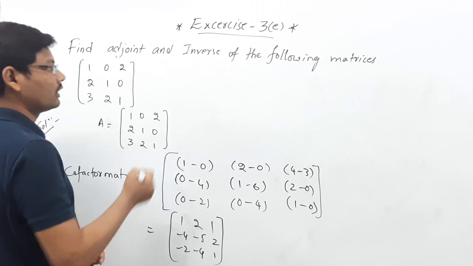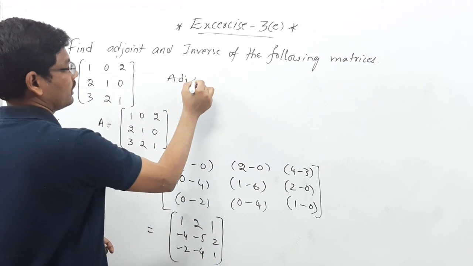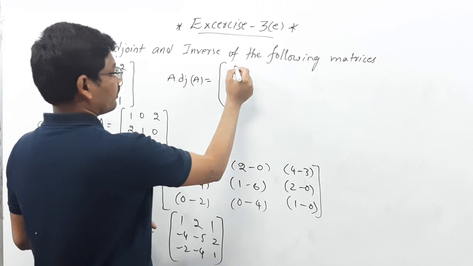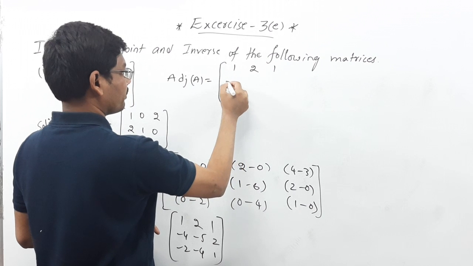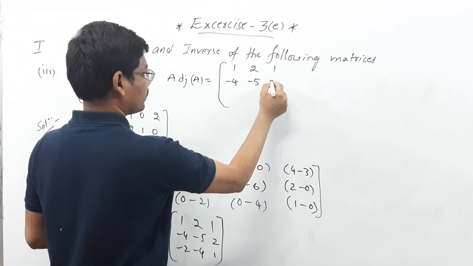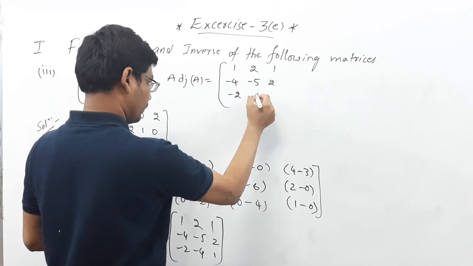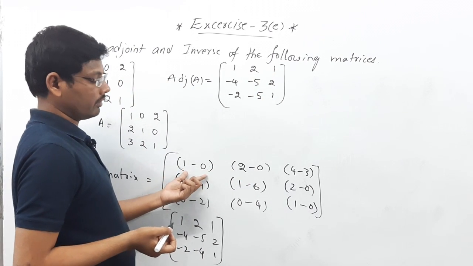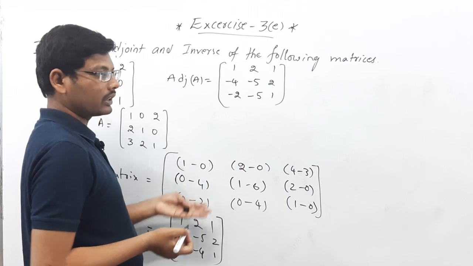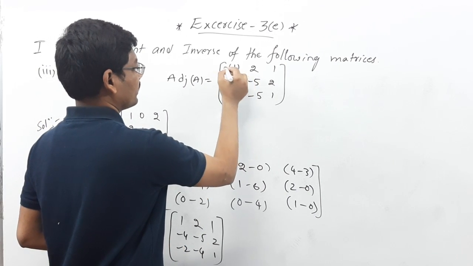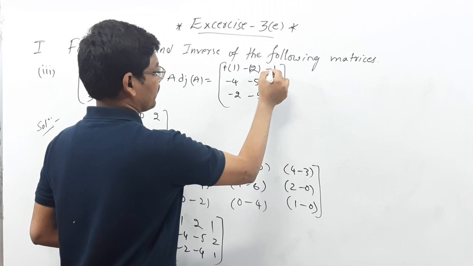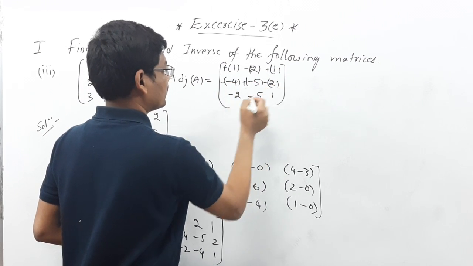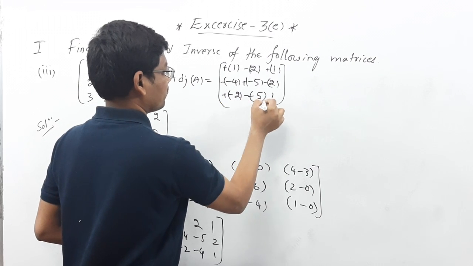This is the cofactor matrix. Now we need the adjoint matrix. Adjoint of A will become by changing signs here: plus 1, 2, 1, minus 4, minus 5, 2, minus 2, minus 5, 1. Directly I am solving here. We need to find each and every element's cofactor, then substitute here and change signs: plus minus plus, minus plus minus, and plus minus plus.